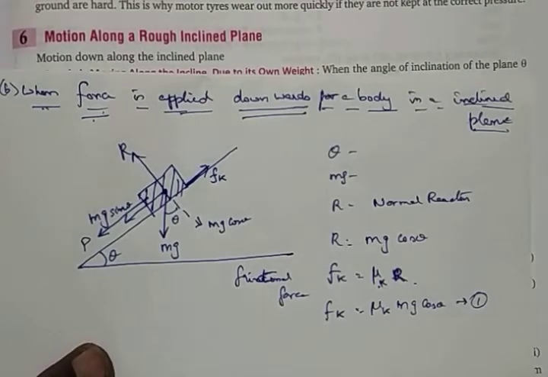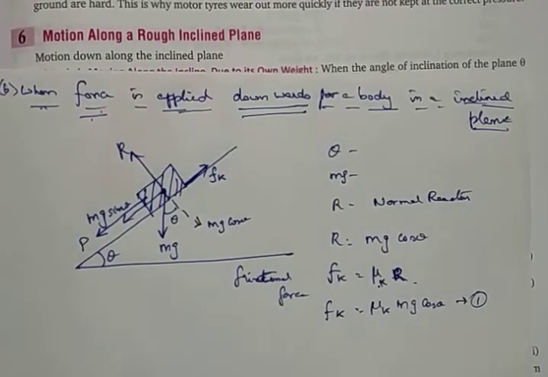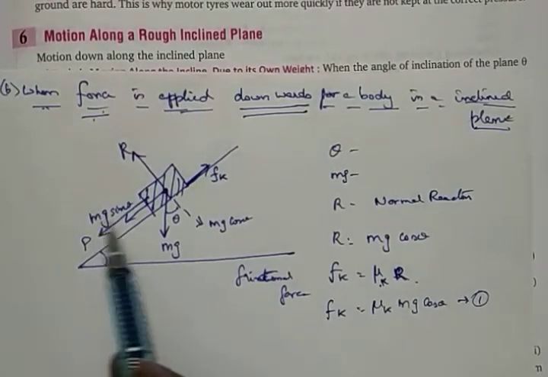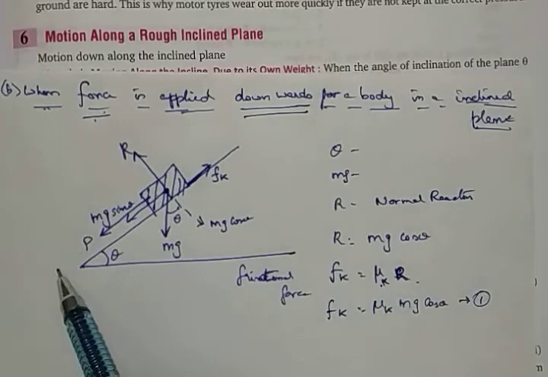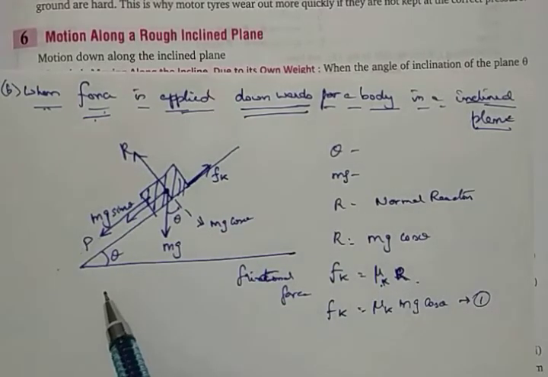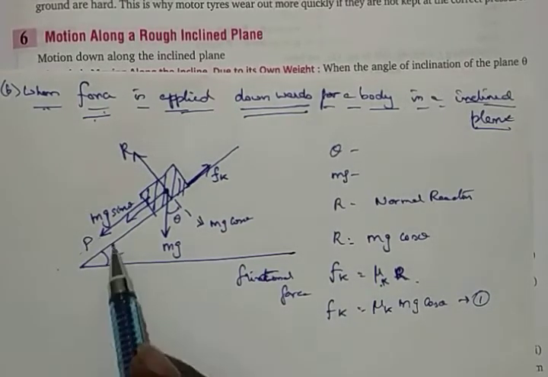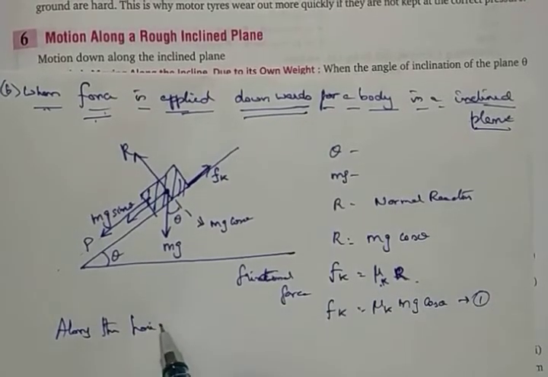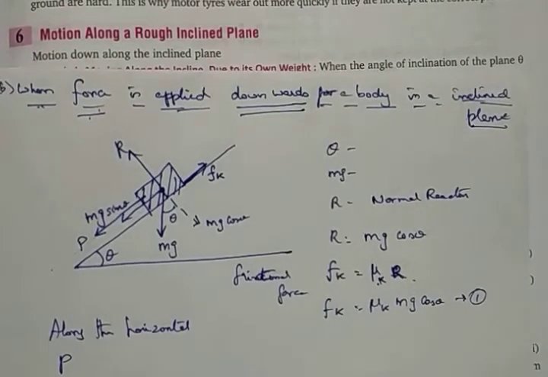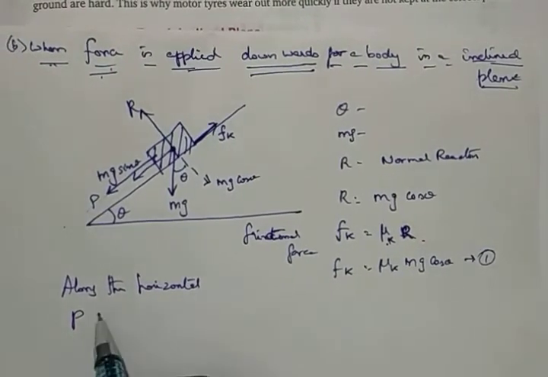Now we will go to the main part. What happens here? You have two things in this direction. These two are pulling in this direction, and one is going in the other direction. So along the horizontal, what happens? What is P? P is the force which you apply.